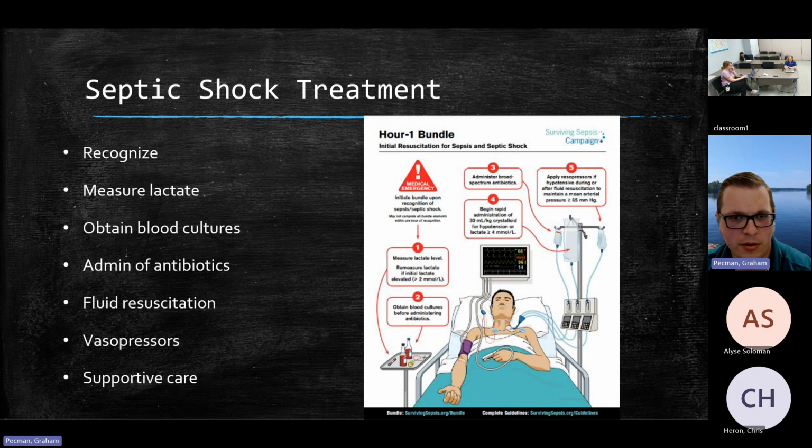Things like obtaining lactate and blood cultures immediately, and early administration of antibiotics within 1 hour of identification. Obviously, because we've just obtained those blood cultures, they would be broad spectrum antibiotics, and then we would tailor our therapy accordingly. But fluid resuscitation, like I mentioned, is very important, especially for our patients who are already in a profound hypotensive shock state when they either present to us or we find them on an inpatient unit, if you have a critical care response team or you're called to help.